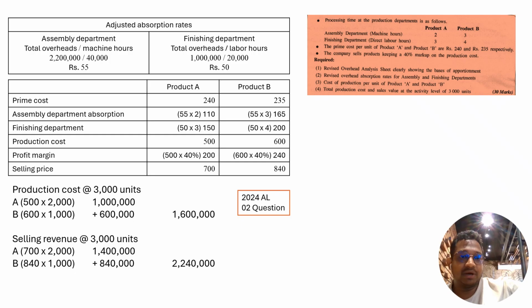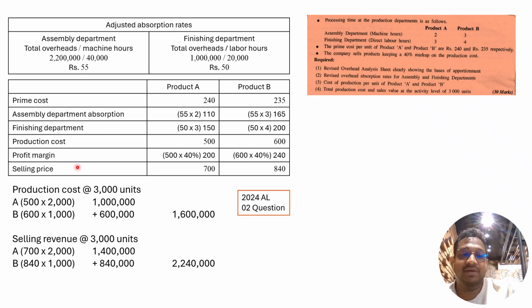And after all, they're asking for the cost of production per unit of product A and product B. So the prime cost is given directly, and the assembly department and finishing department absorptions are here, and then you can find the production cost. And then the profit margin is 40%.